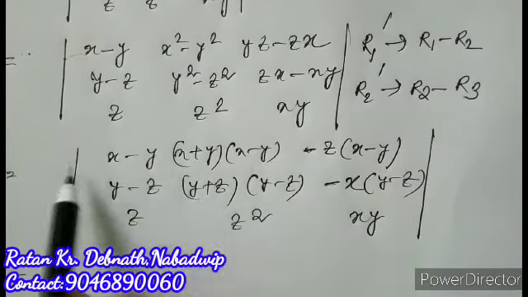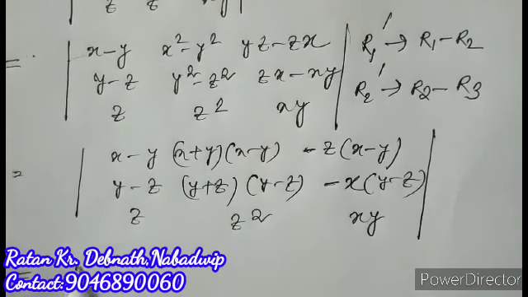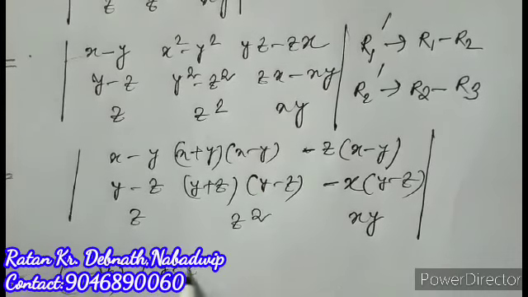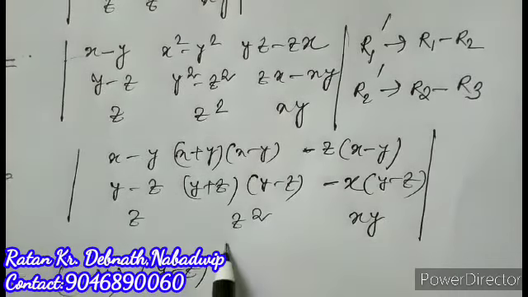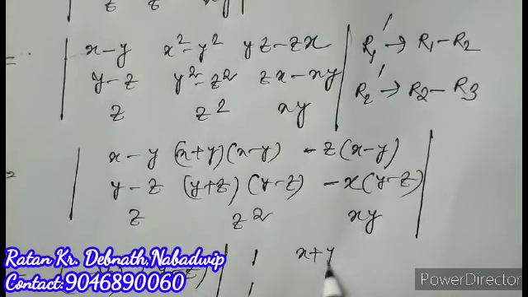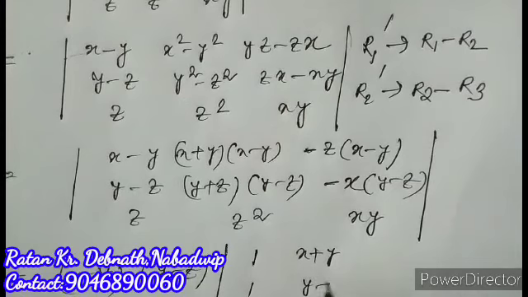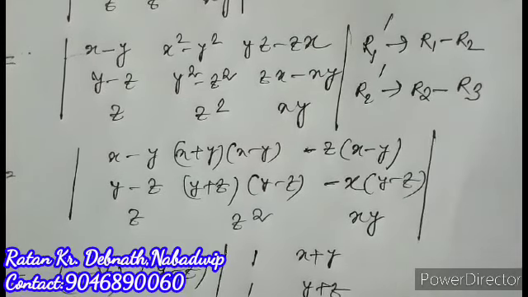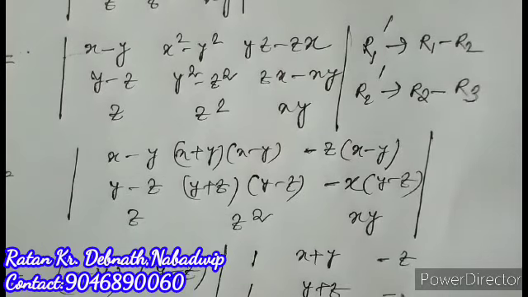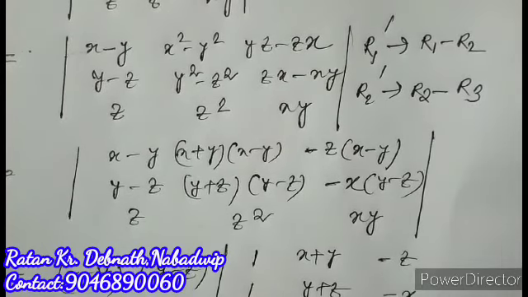I am taking common x minus y from the first row and y minus z from the second row. Remaining part is 1 z, x plus y, y plus z, z square minus z minus x, xy.